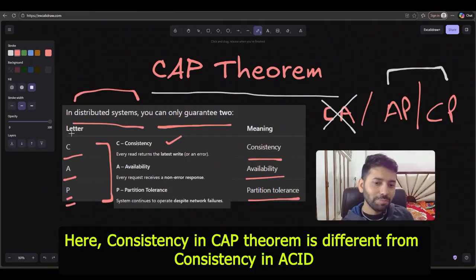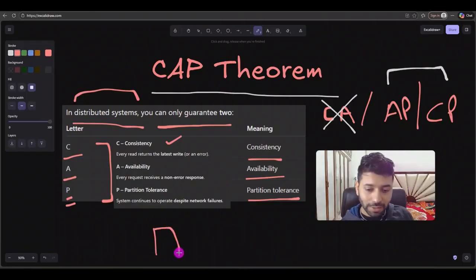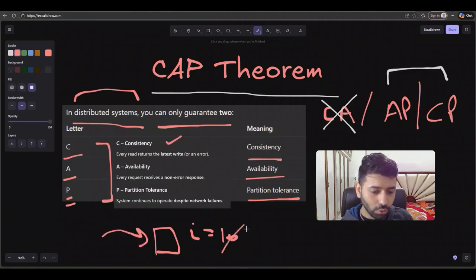But here consistency means, say in a database, you had a value of something like say I, earlier it was say 10, okay, and someone made a write operation here and updated it to say 12, okay? So the point of consistency here is, if someone makes a read operation here, you need to return this updated value.